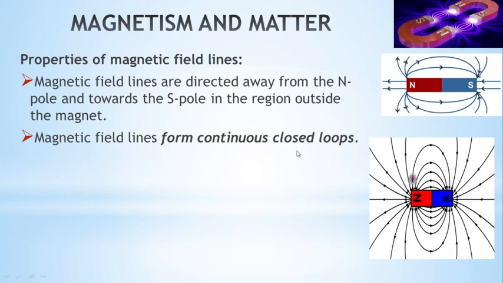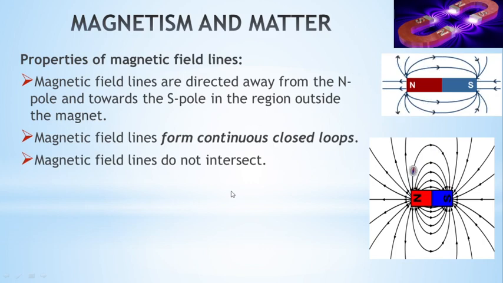That is called closed loop formation. When a magnetic field line starts from one magnet and ends at the same magnet, it is called a continuous closed loop. Yes, here it starts from here and ends here. This is closed loop formation.